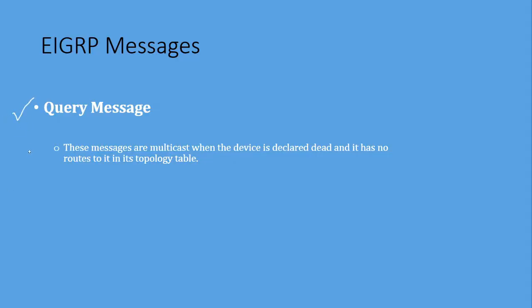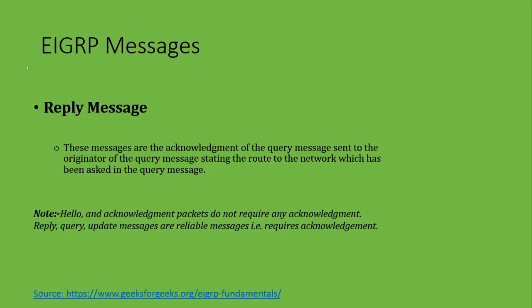Fine. Okay. Query messages. These messages are multicast messages, sent when a device is declared as dead and it has no routes to it in its topology table. Fine. So enough of fun.